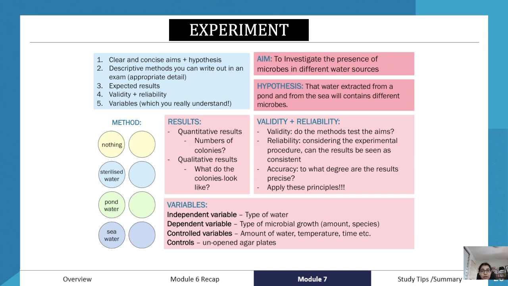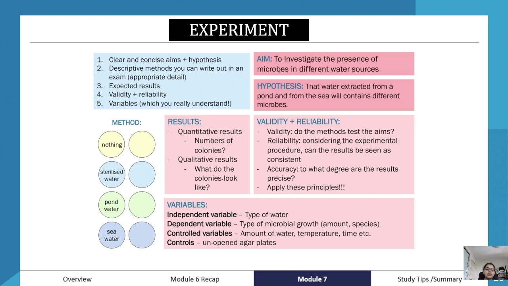Our dependent variable is the microbial growth that we want to see in each type of water, so the amount and also the species. We're then looking at the controlled variables, things that we're keeping the same. In each sample, we have, for example, the same amount of water, the same temperature at which we are culturing those agar plates, and also the same culturing time.